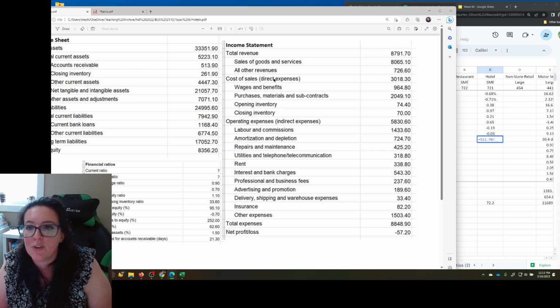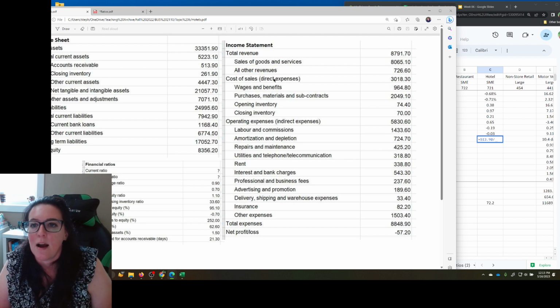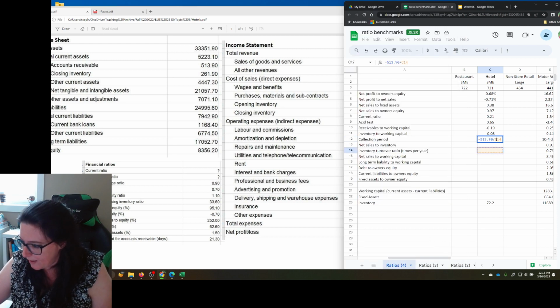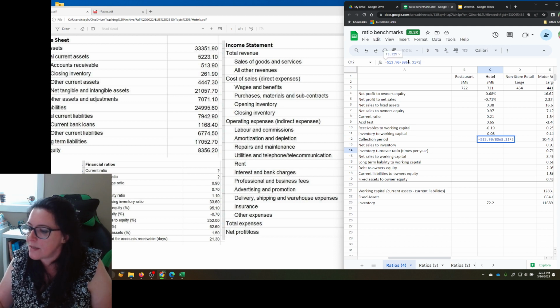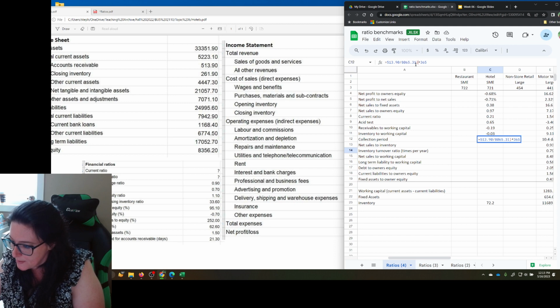We want the sales of goods and services. It's possible that our assets are getting us additional revenues. Maybe we're selling off assets. And so you see that all other, but we'll ignore the all other and we'll go with 806,510. And then we're multiplying this times the number of days in a year that our business is operating.